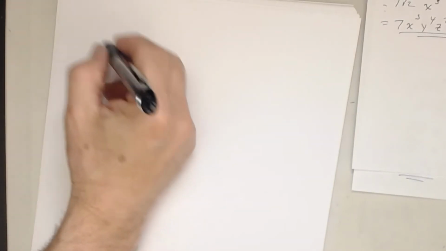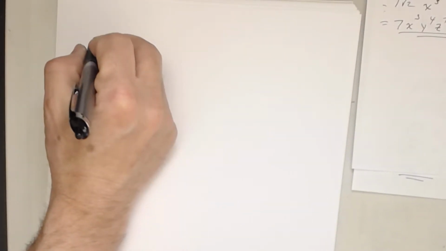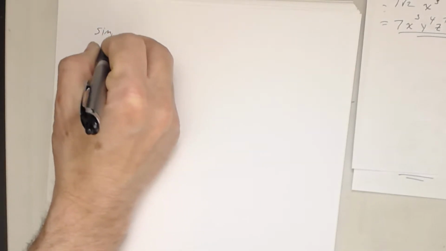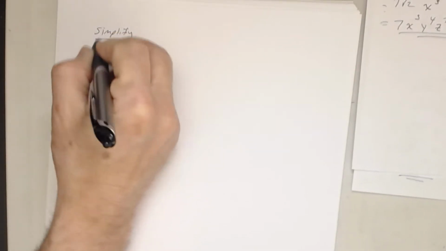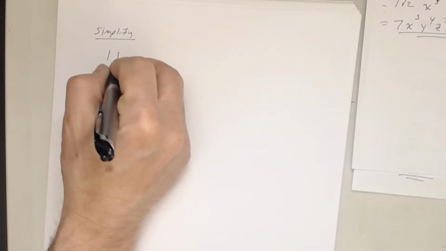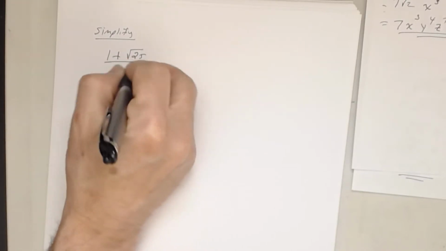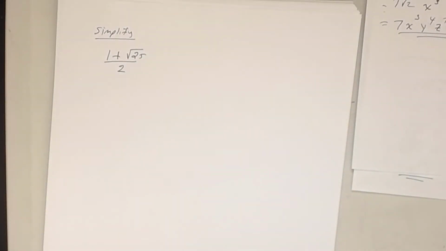All right. Now, let's look at this. Suppose you had 1 plus the square root of 25, divided by 2.